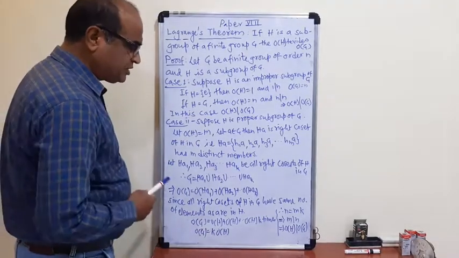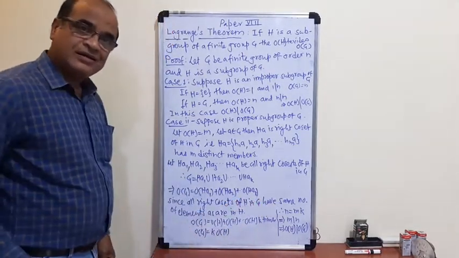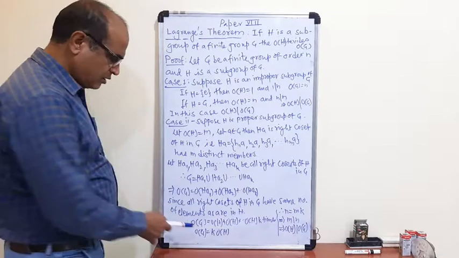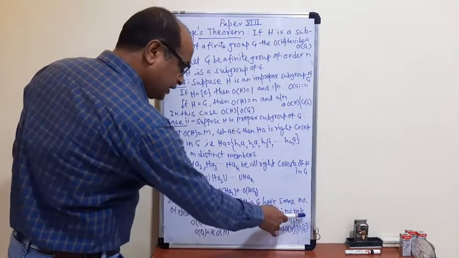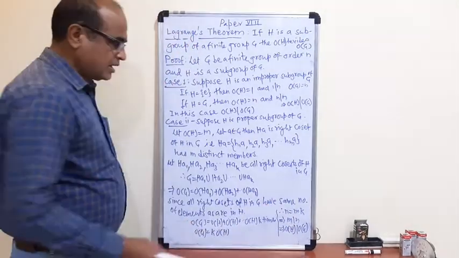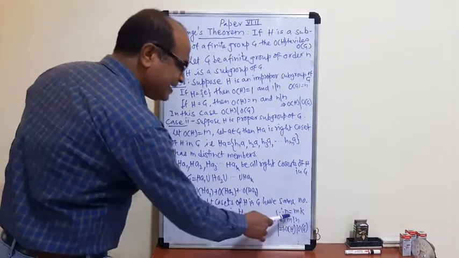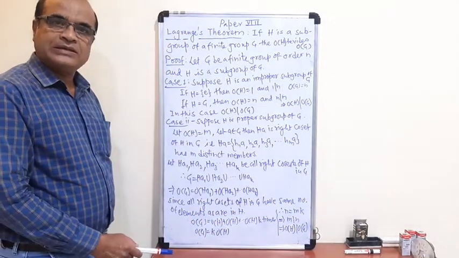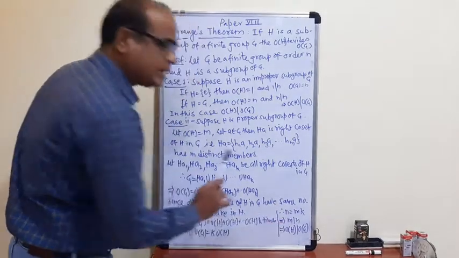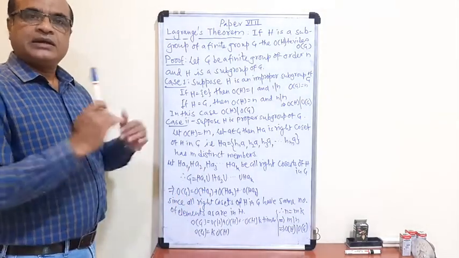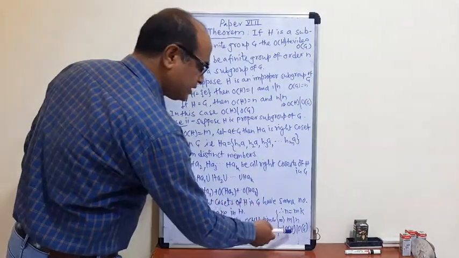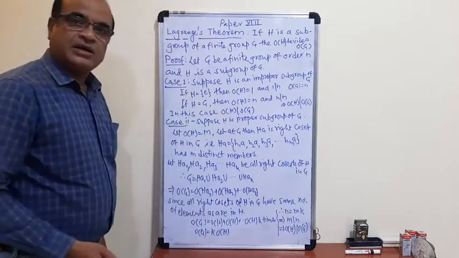What is the order of G? The order of G is n, that is given. So k times the order of H, which is m. This implies that m divides n. What is m? The order of H. What is n?